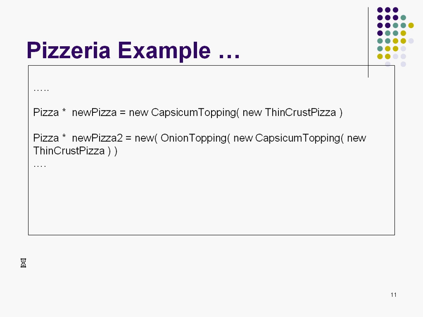So the implementation of each of these will add its price plus the base. So you have pizza 2, the onion topping, that contains something with the capsicum topping. So it invokes price on that. So that will in turn be invoking the capsicum price plus the base pizza price. I didn't show that here, but you can chain it and make that implementation.